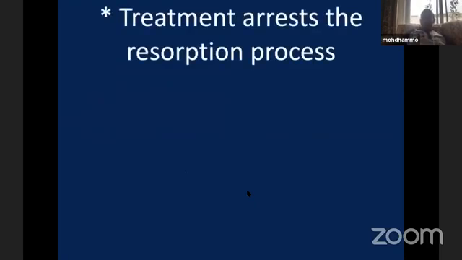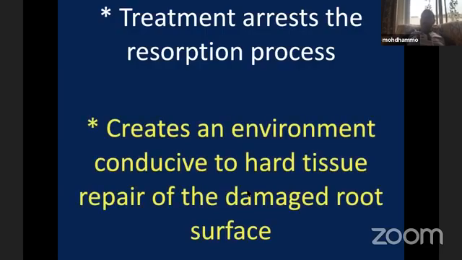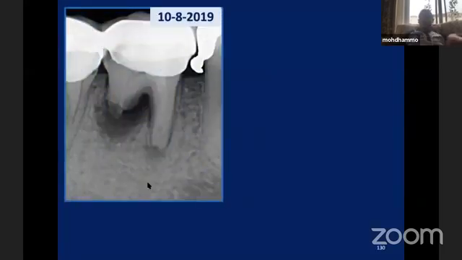The treatment arrests the resorption process, and it will create an environment conducive to hard tissue repair. So when we do root canal treatment, although here we have a huge resorption of this root, the tooth is stable, there is no mobility.